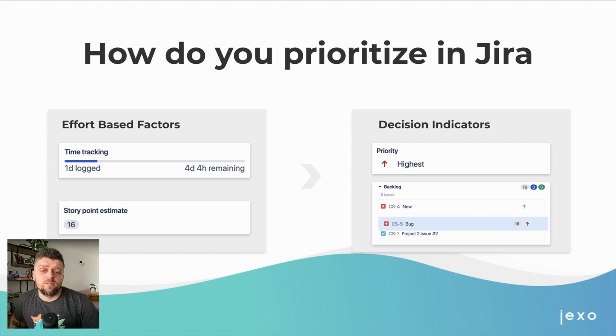Usually, depending on the team and the planning approach, there will be one of two factors that influence your prioritization decision. So basically, why do you put priority highest? Both of these factors, to put it like that, relate to effort.